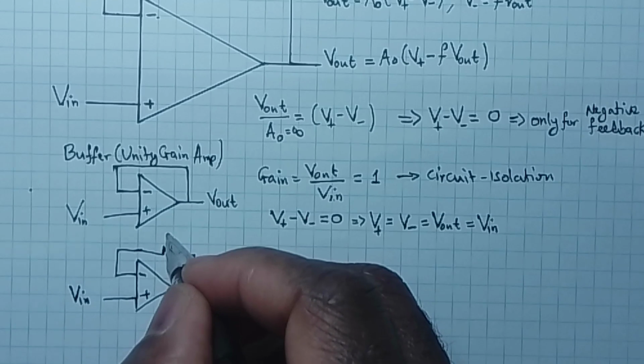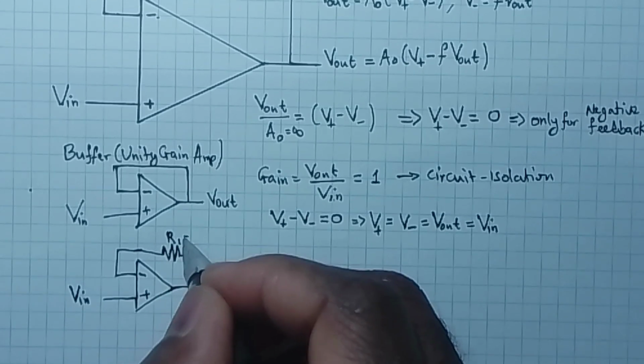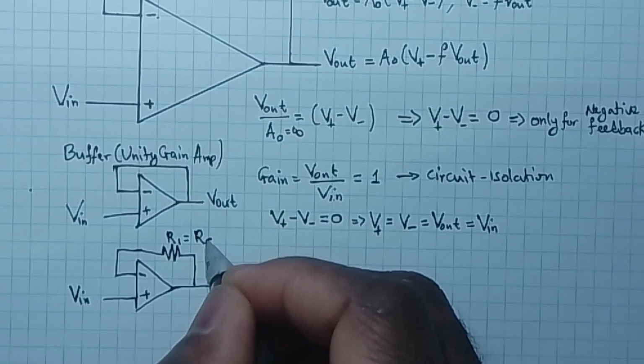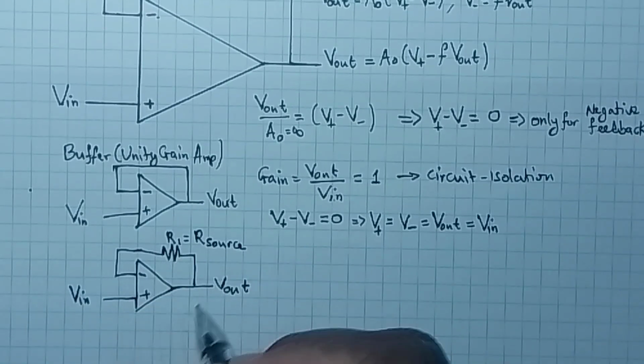So this is the feedback resistor, and as we say, it should be equal to the source resistor for a rare op amp.